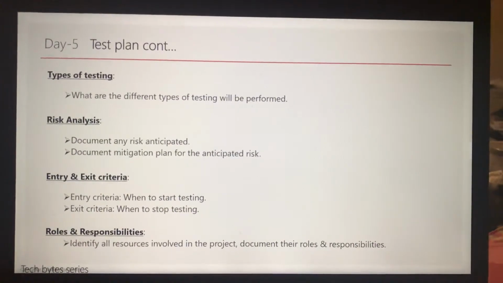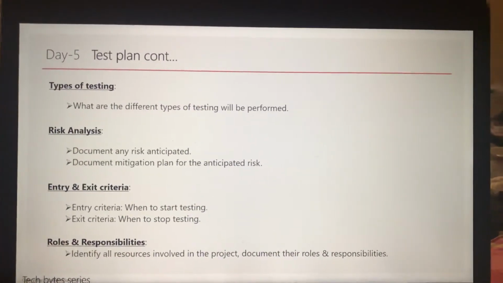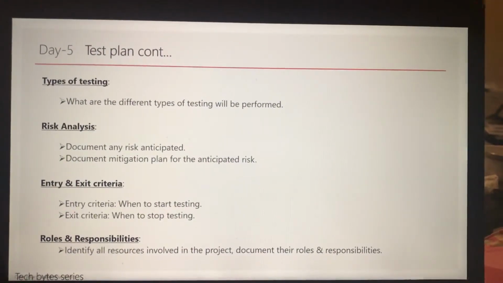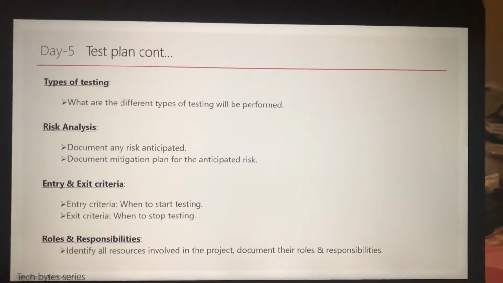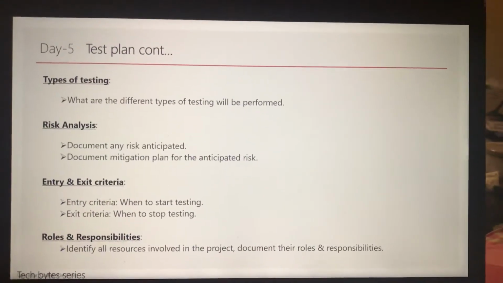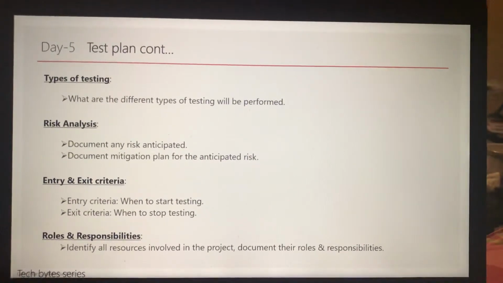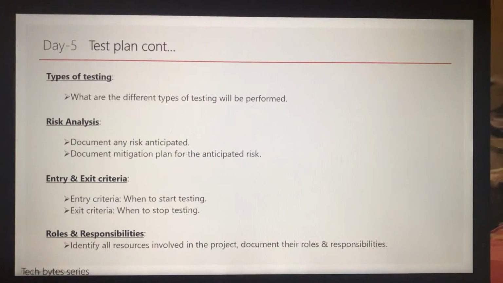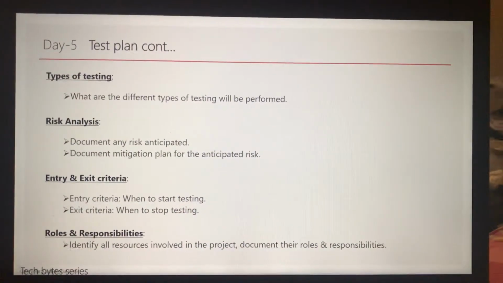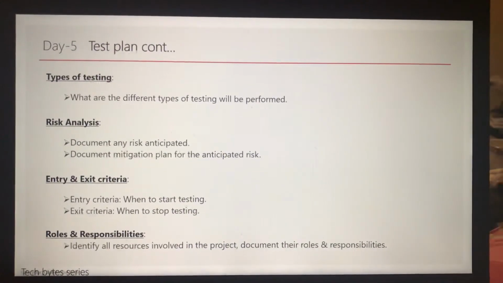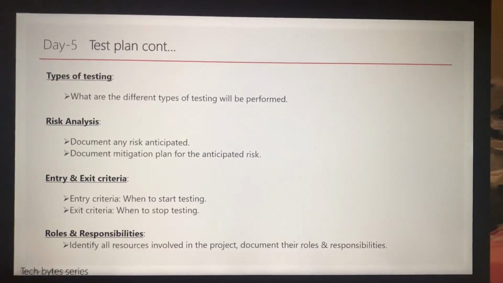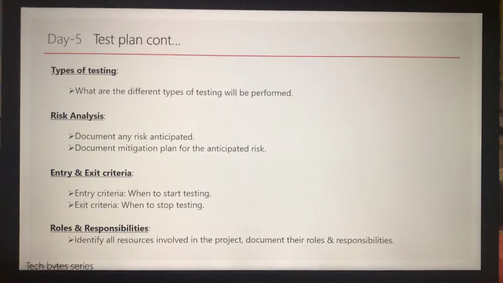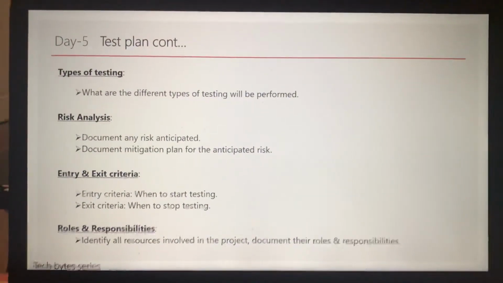Otherwise, if there are any defects, we need to identify what level of defects we can still keep open and continue with production, or which low severity, low risk defects are accepted, can be kept open, and we can move to production development. All these are identified as part of the exit criteria and this will be documented in the test plan.